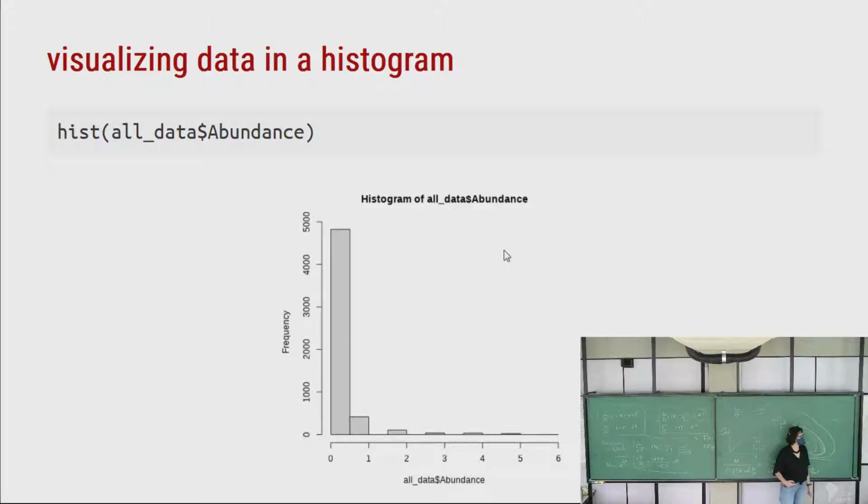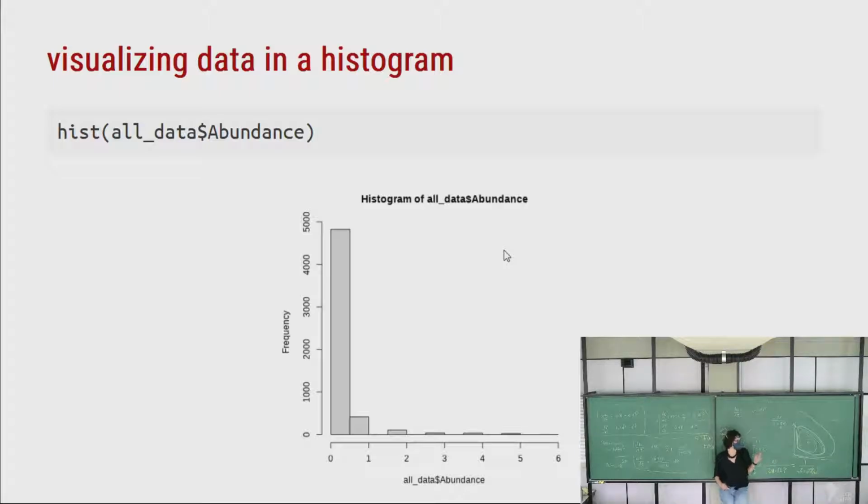But this is basically how many observations I have between 0 and 0.5, and 0.5 and 1, and so on. Almost 90% of my observations are 0, so this bar is really huge. And here I have the frequency, how many observations fall into this interval.